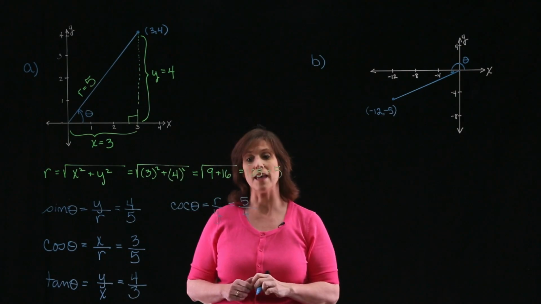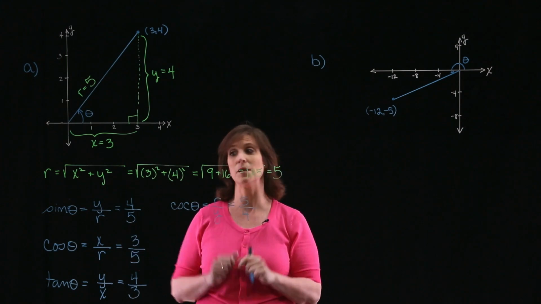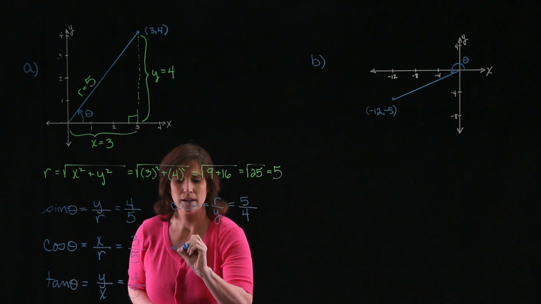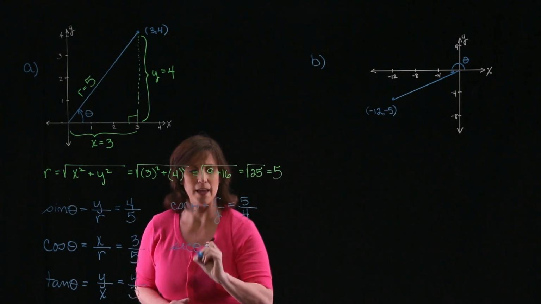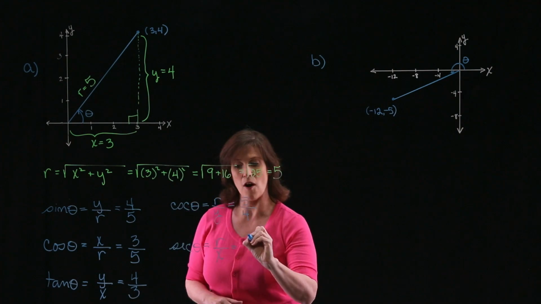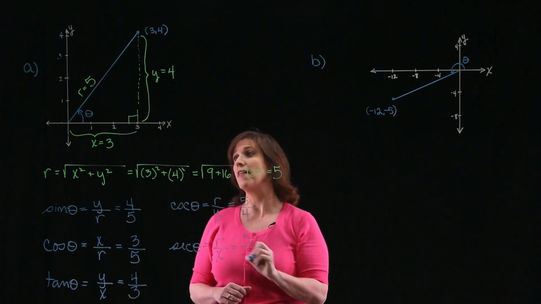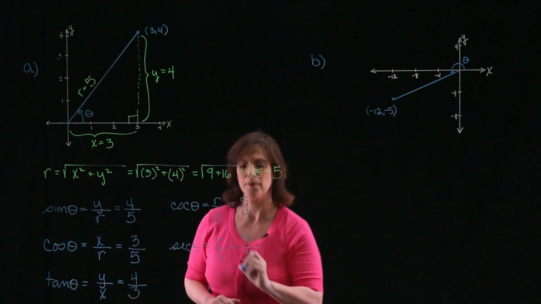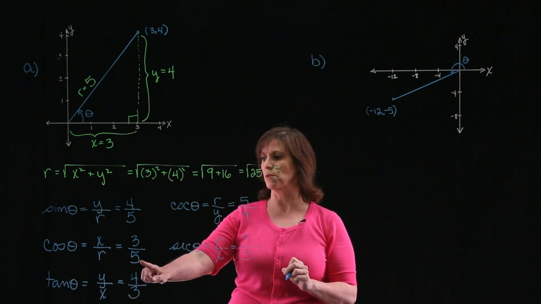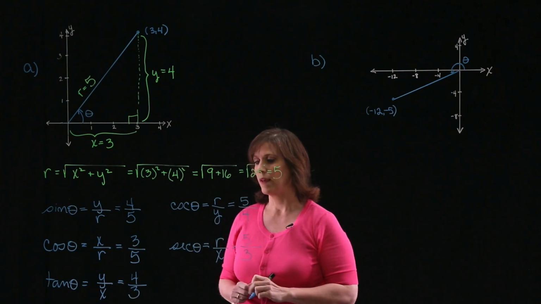So my cosecant of theta is 5/4. Notice that's the reciprocal of the sine. The next one would be the secant. The secant of theta is defined as r over x. Again, the r value is 5 and the x value 3. So the secant of theta is 5/3. Again, that's the reciprocal of the cosine.